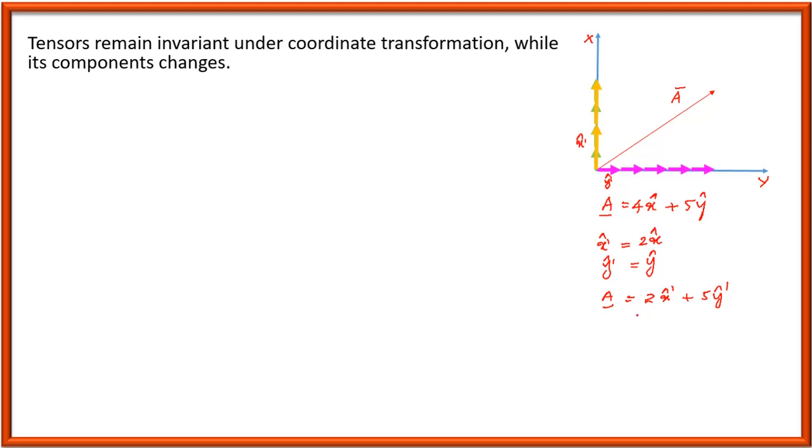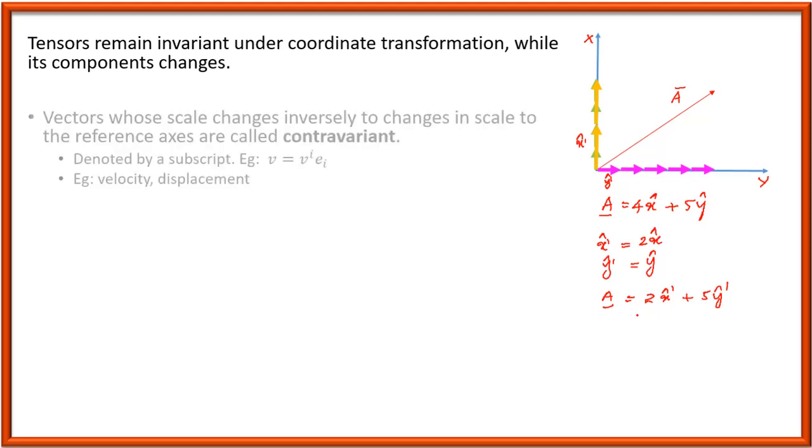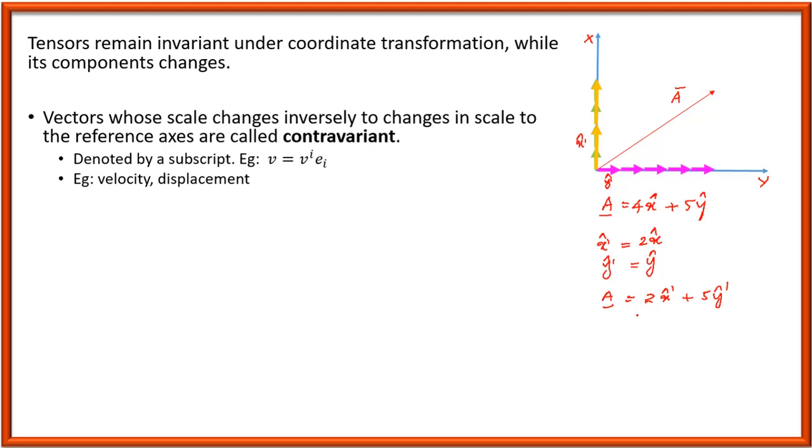So if the components of a vector vary inversely with the change in the basis, it varies contrary to the change in the basis, such vectors are known as contravariant vectors because they vary in contrary to the change in the basis.